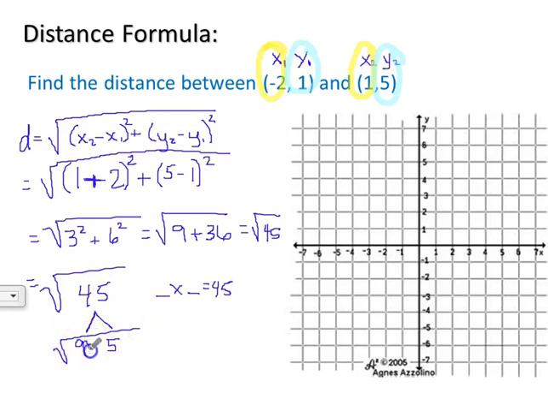So if I say 9 times 5 underneath the square root, that's the same thing as saying the square root of 45. But I can simplify the square root of 9. The square root of 9 is 3. So 3 comes on the outside of my radical sign, and 5 stays on the inside. So this is our final answer. This is the distance between these 2 points, and we found that using the distance formula.